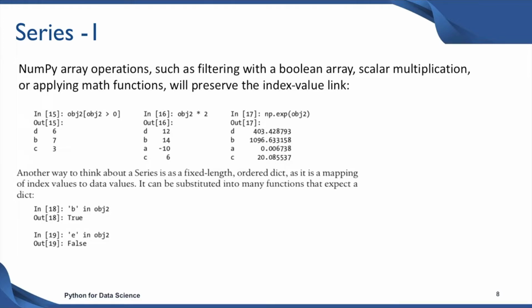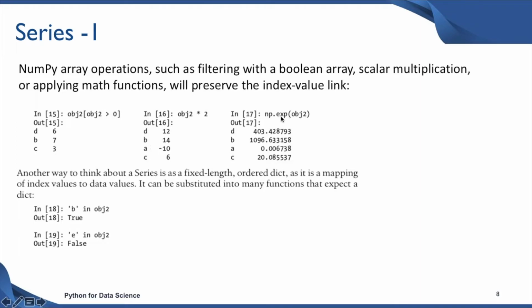So whatever you try to do with your series object, if you multiply with some scalar value or with some other series object, it will preserve the index link first of all, and also it will give you the results. For example, in this object, this is a series object and we have multiplied by 2, so all the corresponding elements have been multiplied by 2 without changing your index.